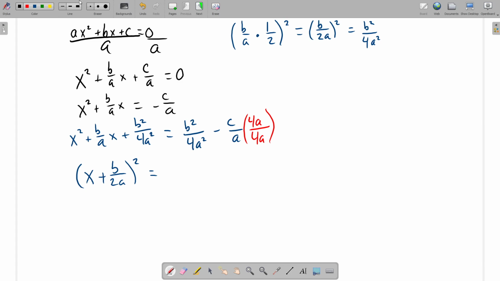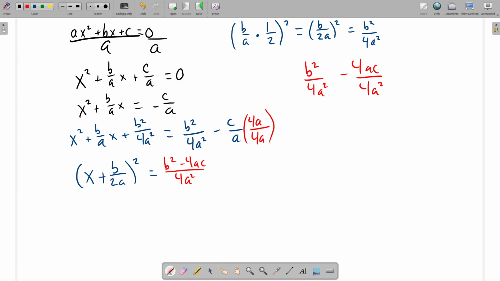If we do that, we'll do some more side work. If we do that, we have b squared over 4a squared minus 4ac over 4a squared. So now I can combine the tops and write it over one denominator. So I have b squared minus 4ac all over 4a squared.